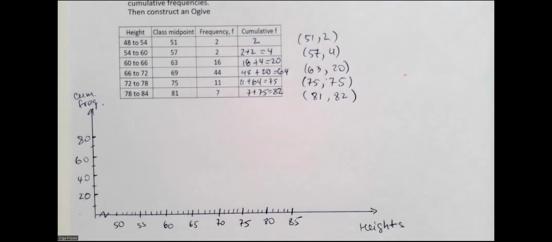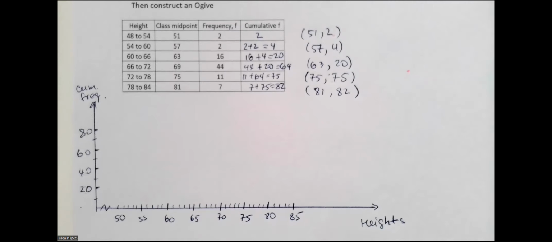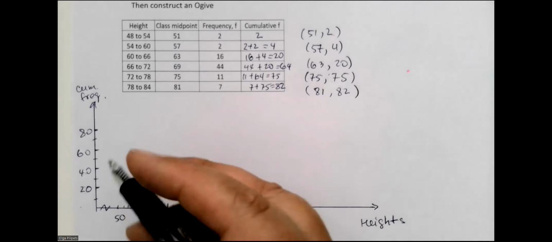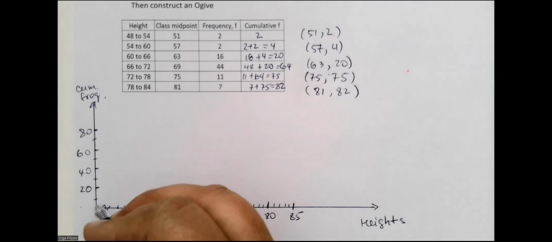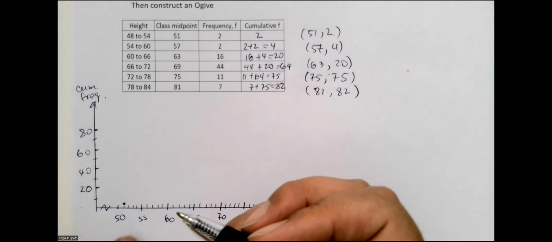So it's going to be a little bit compressed, but in order to fit everything on the screen, I had to do that. Okay, so the first point is 51, 2. So 51 is right here, and 2, this is 10 by the way, so 2 is somewhere here. That's going to be my first point.